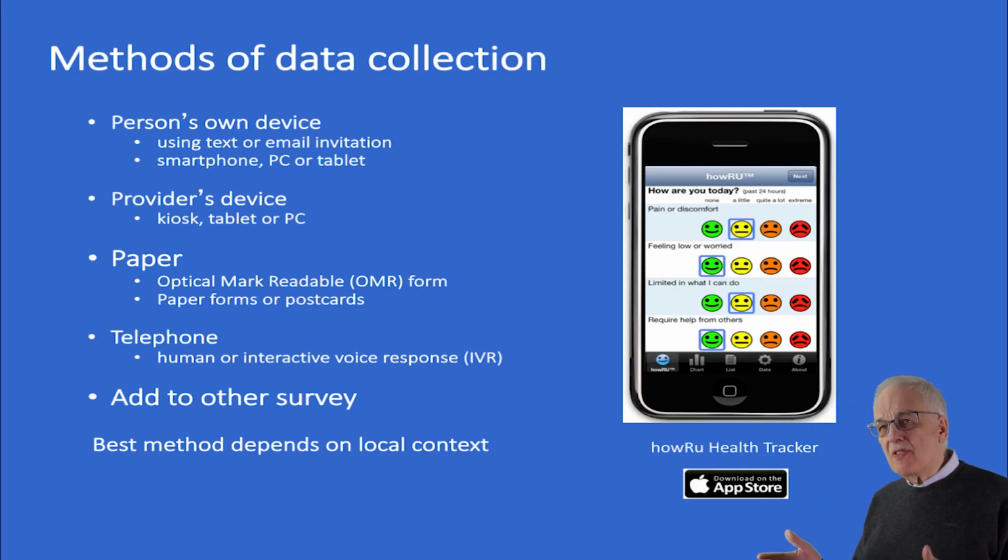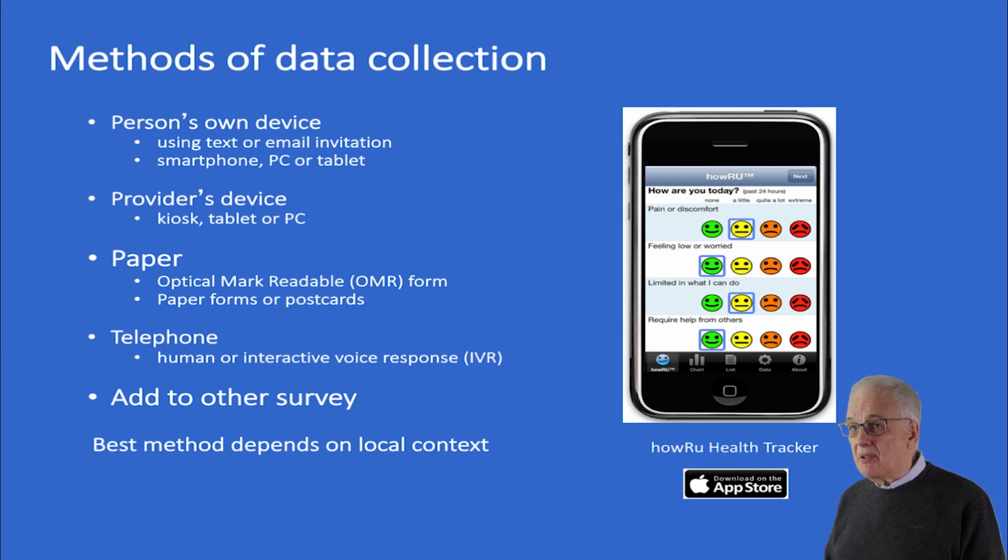There are lots of ways of collecting this information. You can use the person's own device via a text message or an email invitation, or you can use their smartphone or PC or tablet. Alternatively, the healthcare provider can provide a device such as a kiosk or a tablet or a personal computer, or you can do it on paper.